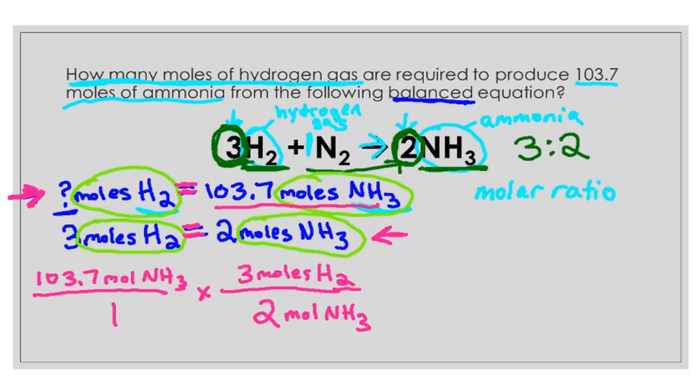And whatever is on the other side of that equal sign, 3 moles of hydrogen gas, goes on top of the fraction bar. Now the next thing we do is cancel out the units of measurement that can be canceled out. We have moles of ammonia right here, and diagonally across from it is moles of ammonia. So we can cancel those out, leaving us with moles of hydrogen gas, H2. Now if we go back up and look at the question, what is the question asking? Question mark moles of H2. So we know we set it up right because that's the unit we have left over.